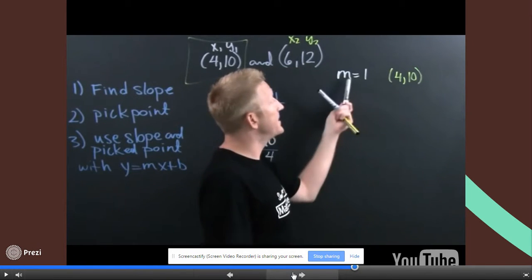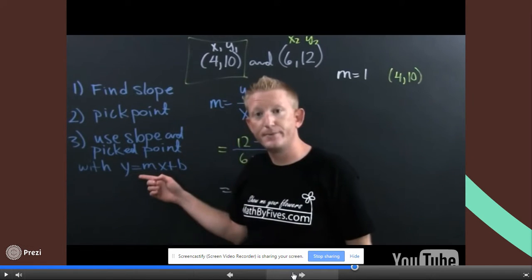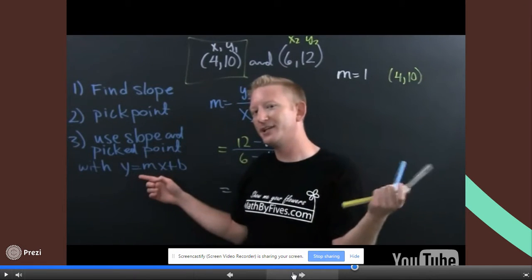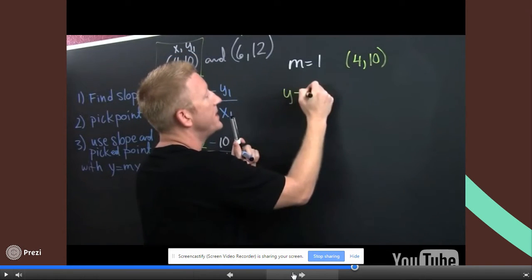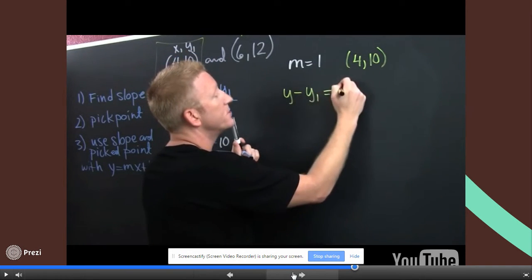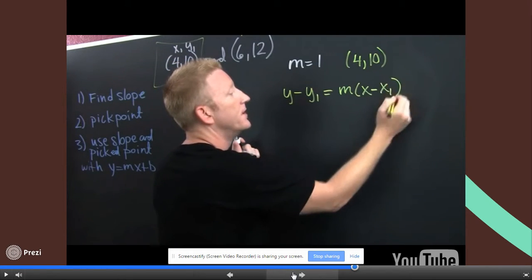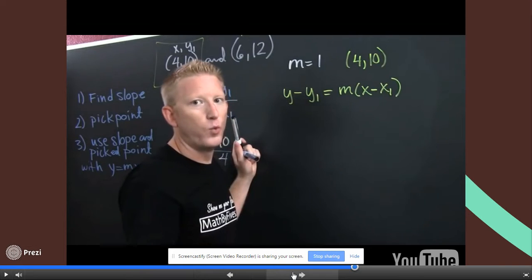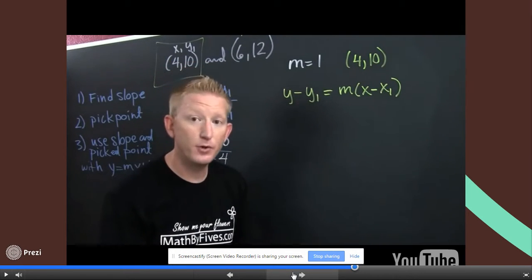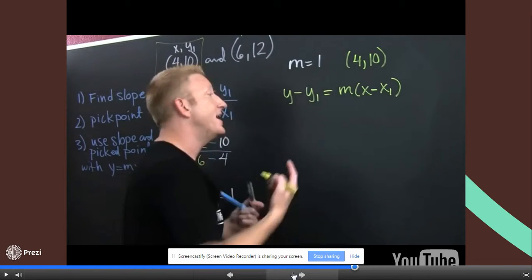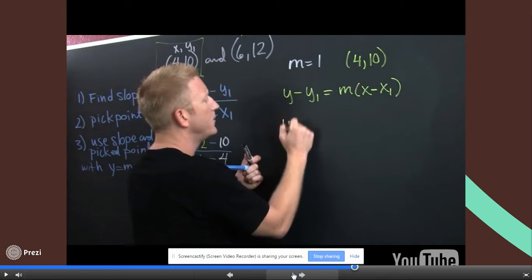With a point and a slope, we're going to put it into y equals mx plus b, or equivalently, we can put it into point slope, which is y minus y1 equals slope times x minus x1. Now I'm going to use this one because it's different than the last example, and I want you to have exposure to as many methods as possible. And I think this is consistent with how your book does it. So here we go.